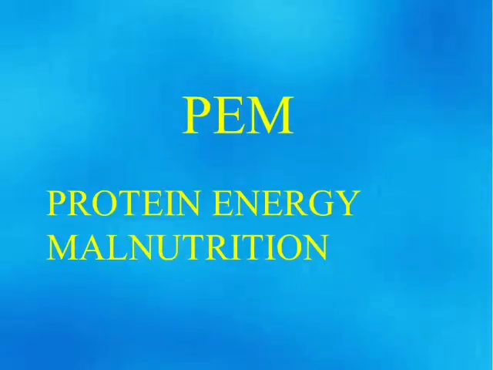Our next topic is protein energy malnutrition. This is a condition arising due to malnutrition. Malnutrition means lack of sufficient nutrients in the body, or it occurs when the body doesn't get enough nutrients. And the causes may include a poor diet, digestive conditions, or any other disease.